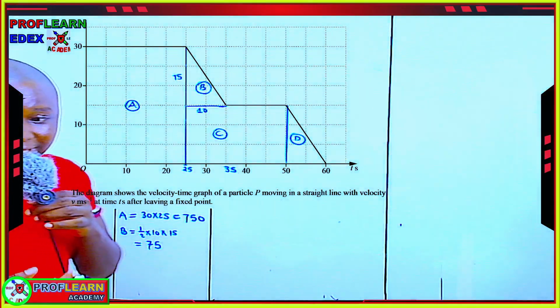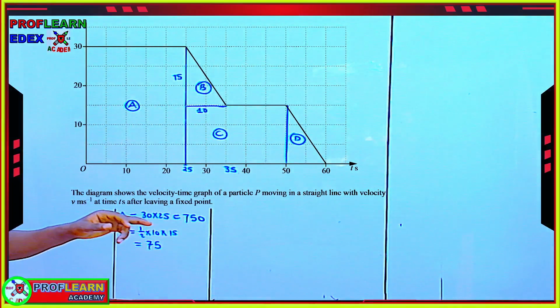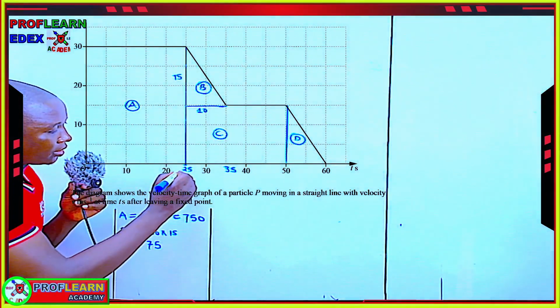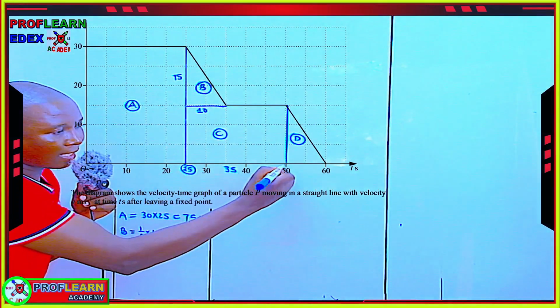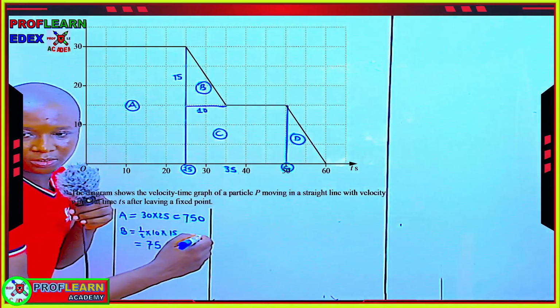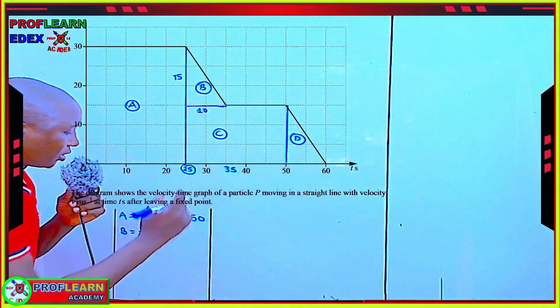The next area we shall focus on is C. Let's look at the base, because C starts from 25 and this end is actually 50. So 50 minus 25.